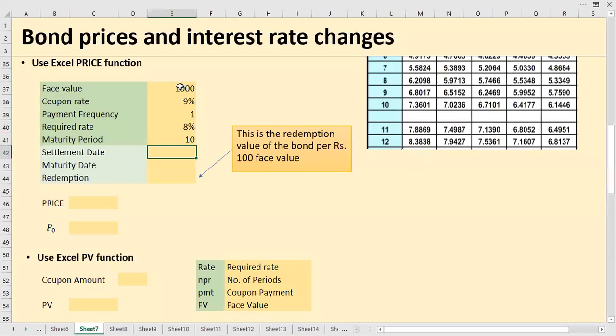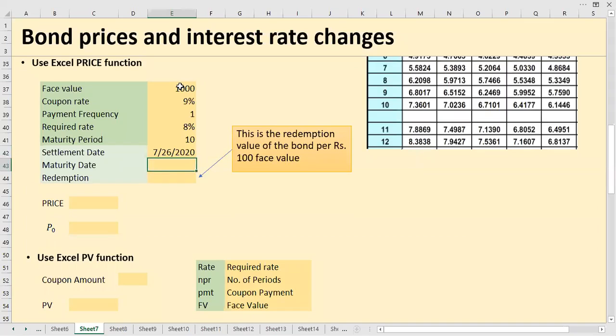Now for the settlement date and maturity date, we will have to give Excel a date. Just imagine this particular bond is purchased today, so the settlement date is the purchase date. So we will have to add today's date.